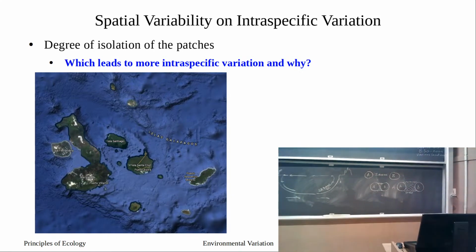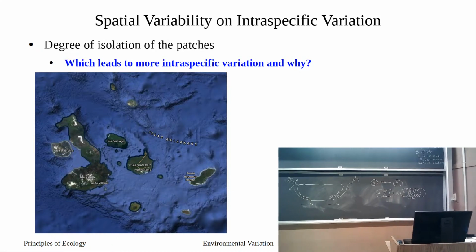Why? It's because we don't have the gene flow that's happening. Gene flow helps to mix in all of our variation. Gene flow helps to eliminate a lot of this intraspecific variation. So if we are more isolated, if we have two patches that are far away from each other, we can produce higher amounts of intraspecific variation.